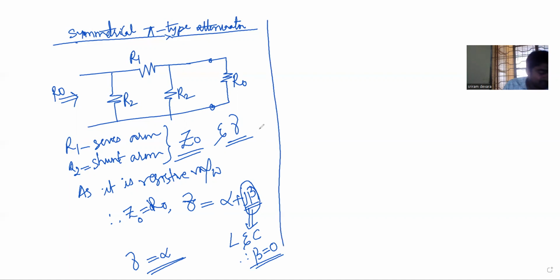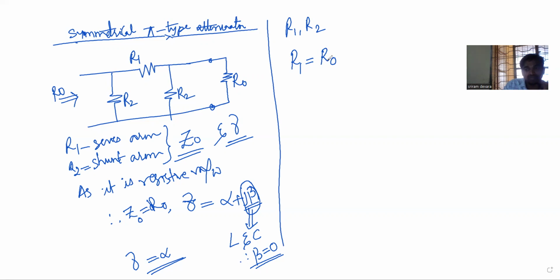So the design of an attenuator consists of finding the values of R1 and R2. We have to calculate R1 and R2 values, and here we have to remember two important formulas. Don't think about the derivation for the R1 formula, just remember it.